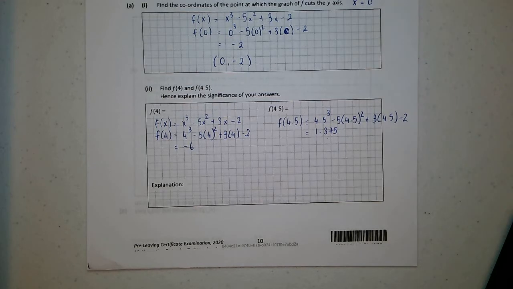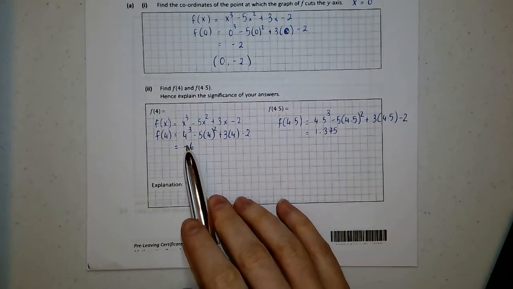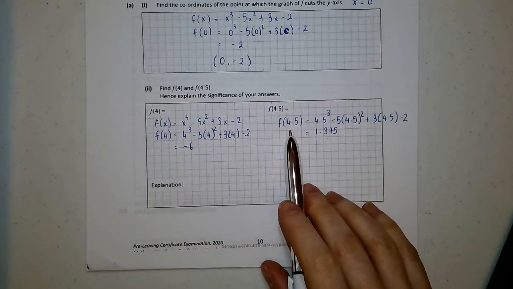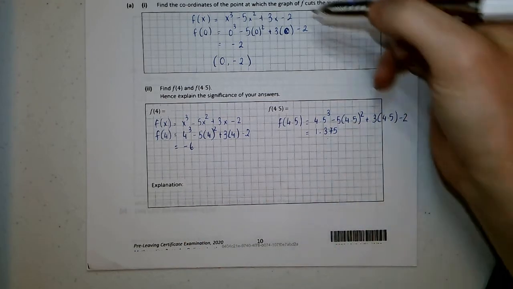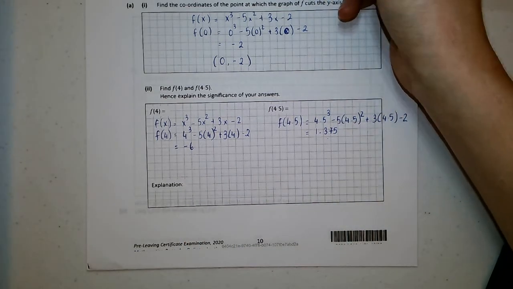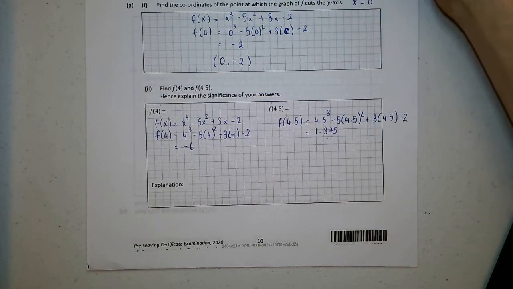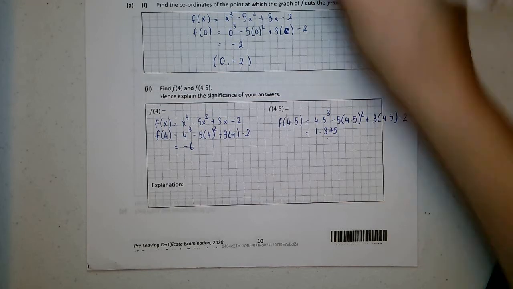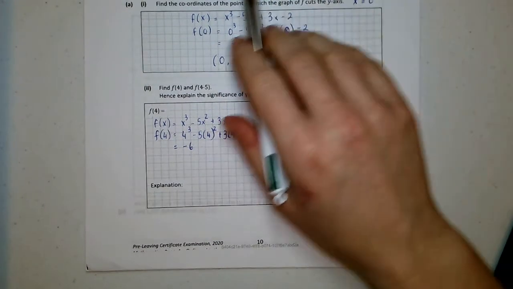Okay, what that actually means is the input changes from 4 to 4.5 and the output changes from negative to positive. So it goes from negative on the y-axis to positive on the y-axis, which means between these 2 points the graph cuts the x-axis.